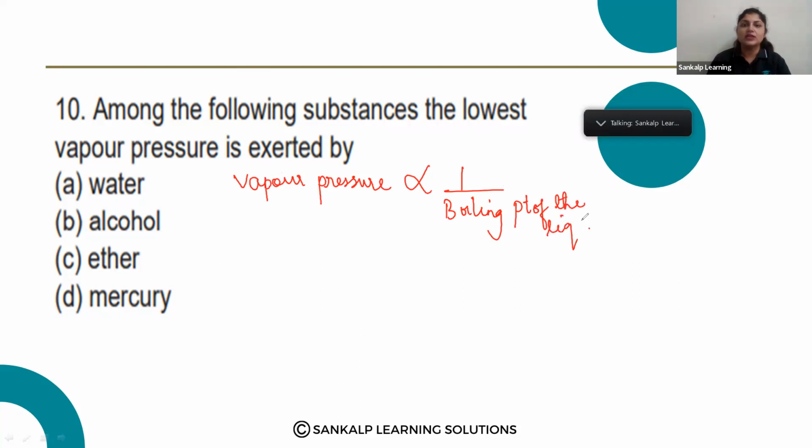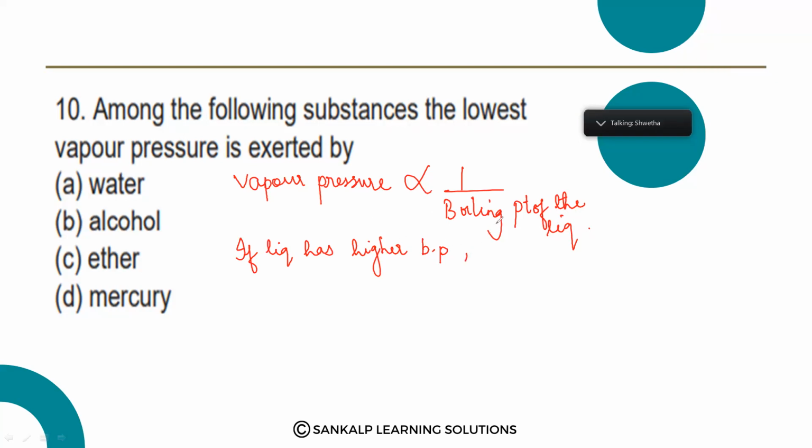So remember this. As vapor pressure is inversely proportional to the boiling point of the liquid, if the liquid has a higher boiling point, what will be the vapor pressure, high or low?